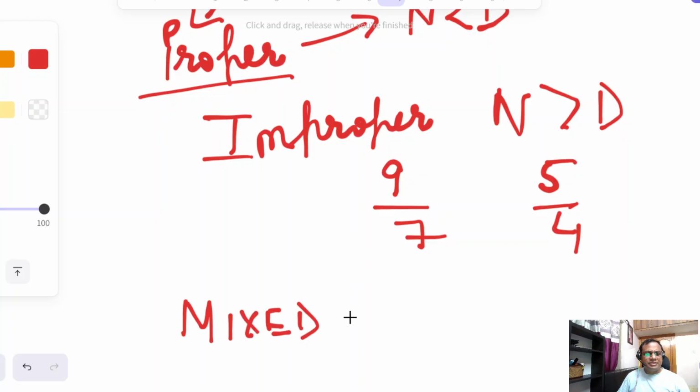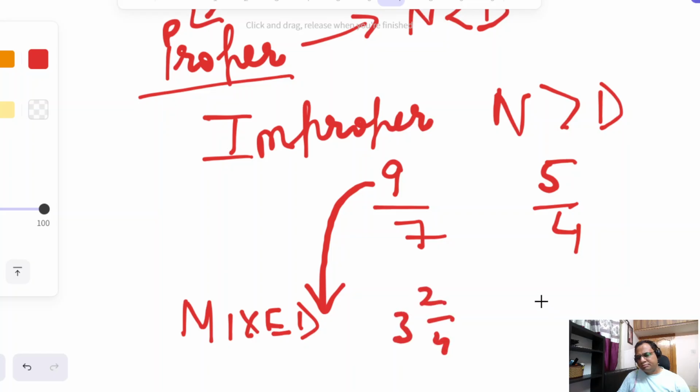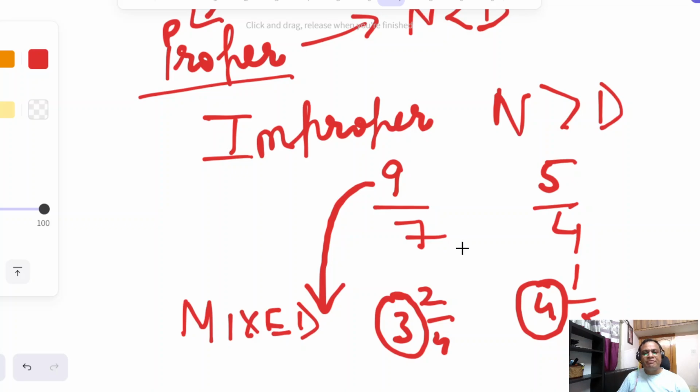Only improper fractions can be converted into mixed fractions. So you would have seen fractions like this: 3 2/4, 4 1/5, where you have a number in the front like this.